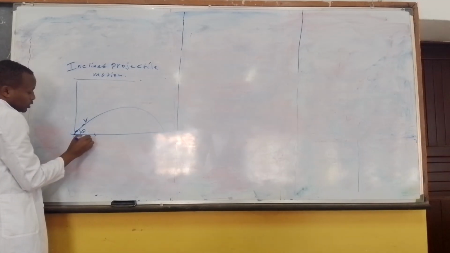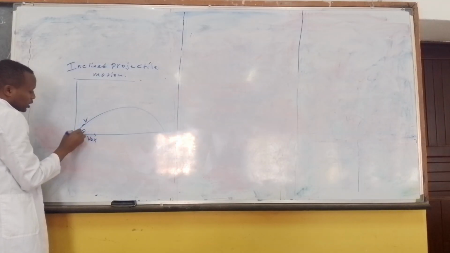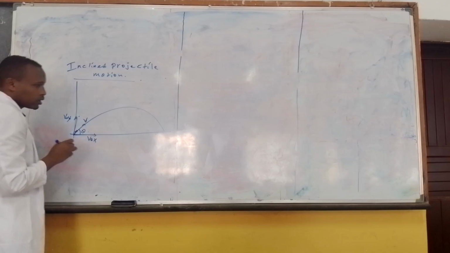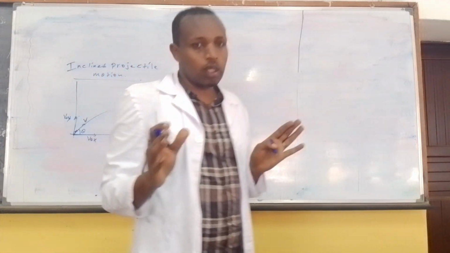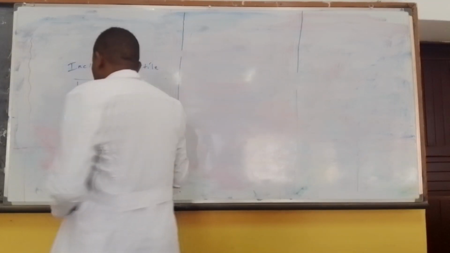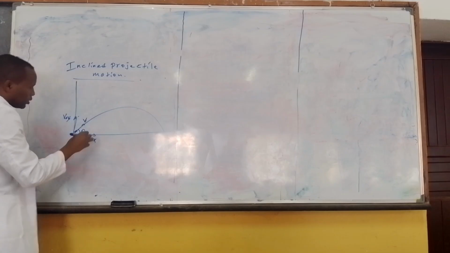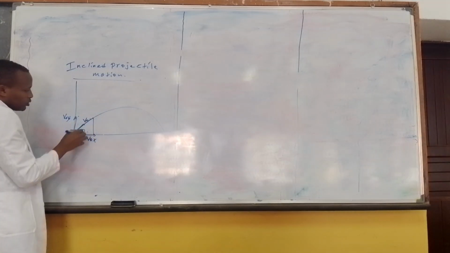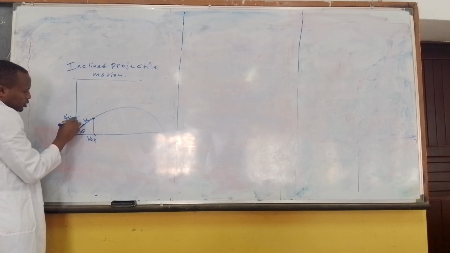The two components, v0x and v0y, are calculated by resolving the initial velocity. Let us consider this small triangle here. This is v0, the hypotenuse, and this is v0y.